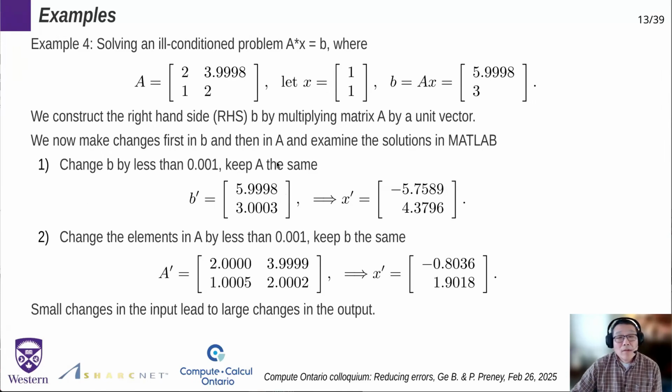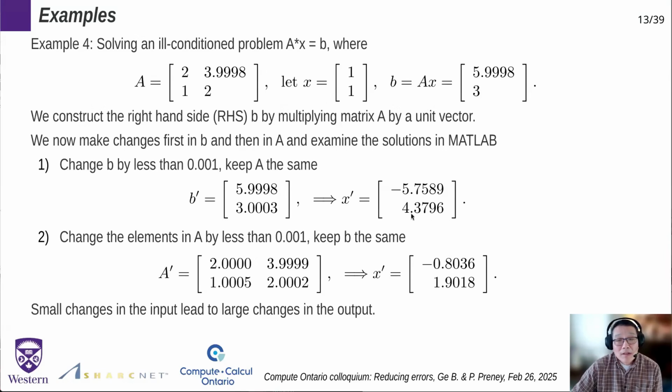Now, we're doing this in MATLAB. First, we change the right-hand side b that we calculated by just a tiny bit. We change an element, which is a 3, by adding 0.002, and then we solve for x.